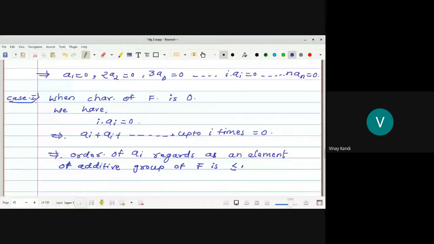So from this we can write the order of ai is finite.